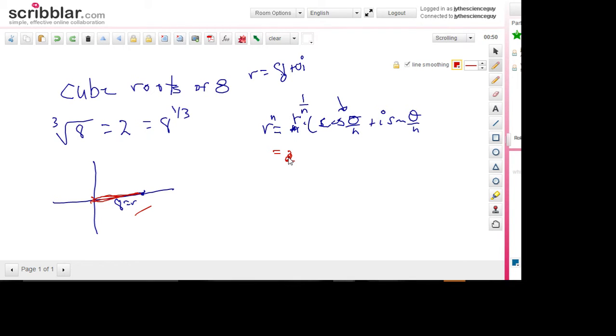So this would be 8 to the 1 over 3, and this is the cosine of 0 over 3 plus i sine of 0 over 3. And there might even be a k value here. I'm going to have to look it up. Because I think k is an integer, so we're going to keep on going around the circle until we find all of them from 0 to 2 pi, if I remember correctly.